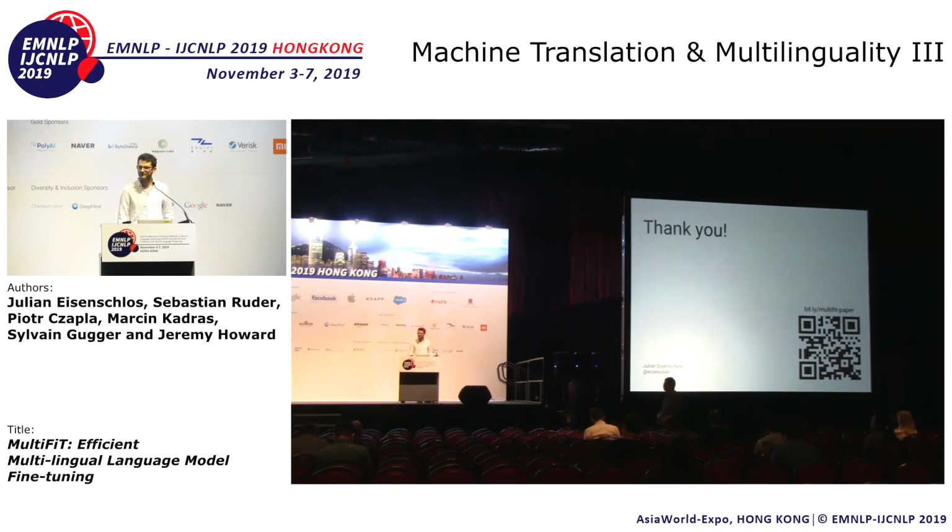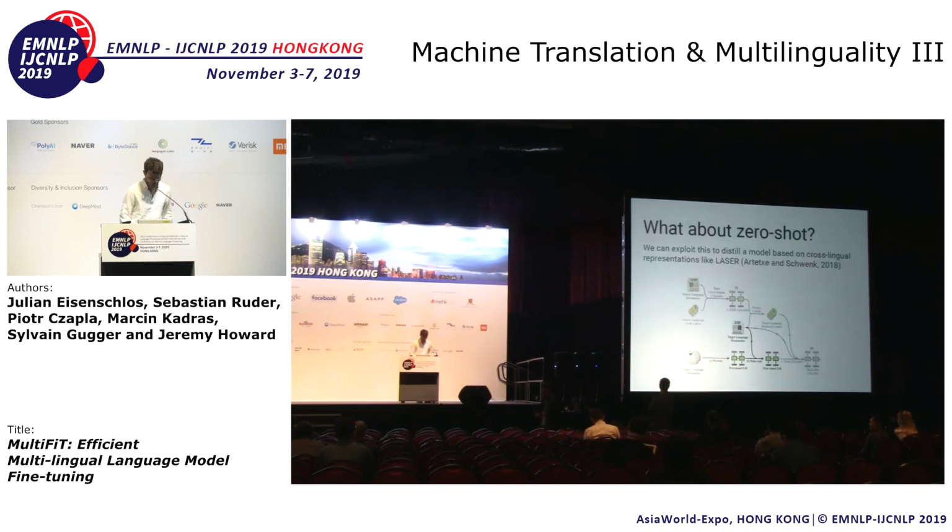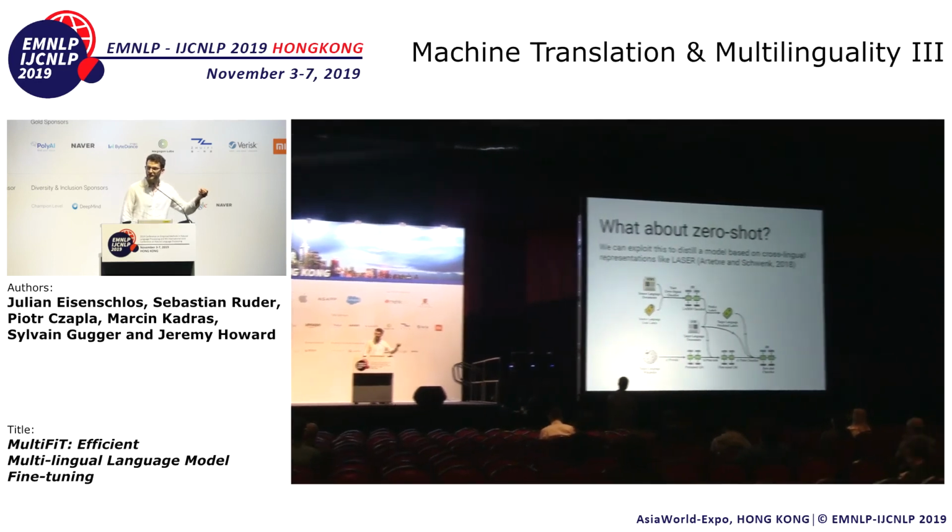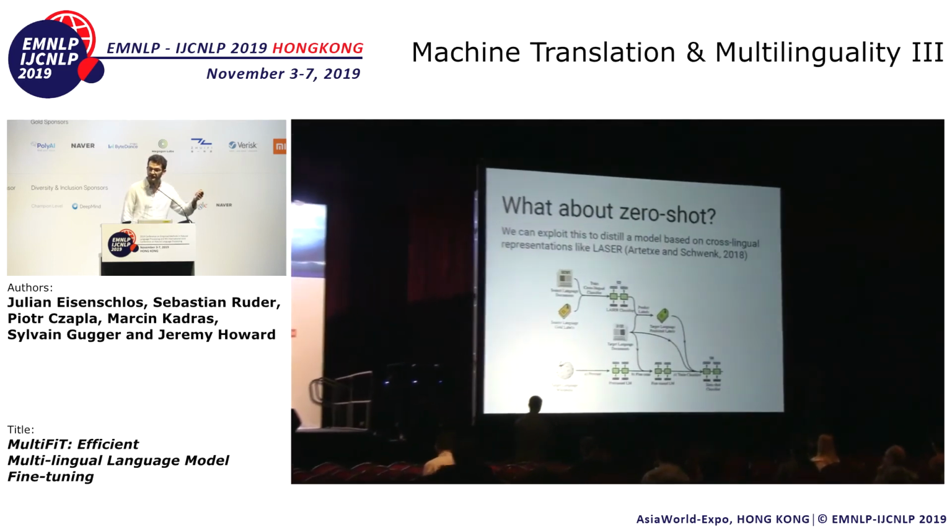Sorry, maybe I missed that part, but how did you zero-shot your monolingual language models to other languages? Right. So it's a distillation kind of process. You are using some other cross-lingual models like LASER.